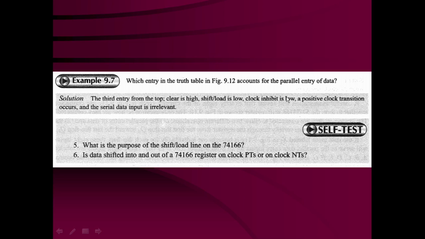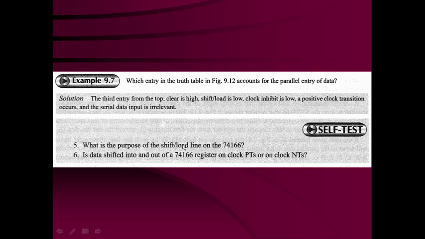Clock inhibit is going to be low, that means the positive clock transition is going to be inverted and available to all the flip-flops simultaneously. And the serial data input is irrelevant, and the data present at A B C D E F G H will be loaded into the flip-flops on a single clock transition. So that's why it is a parallel entry of the data.